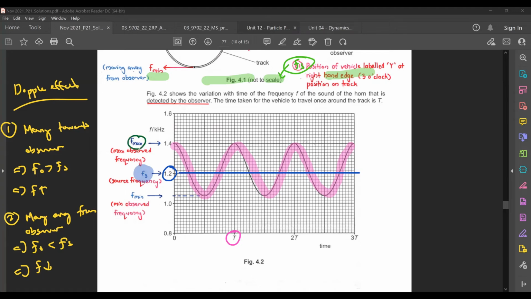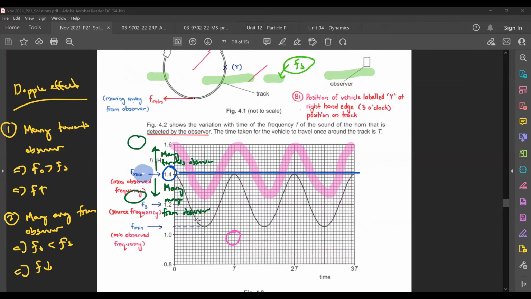This one here is your maximum frequency. This one here is your minimum frequency. For the minimum frequency, I think I can draw an arrow here. This one is moving towards the observer. This one is moving away from the observer. Okay, from the blue line, if I go up, this is you moving towards the observer. If you go down, this is you moving away from the observer, right?